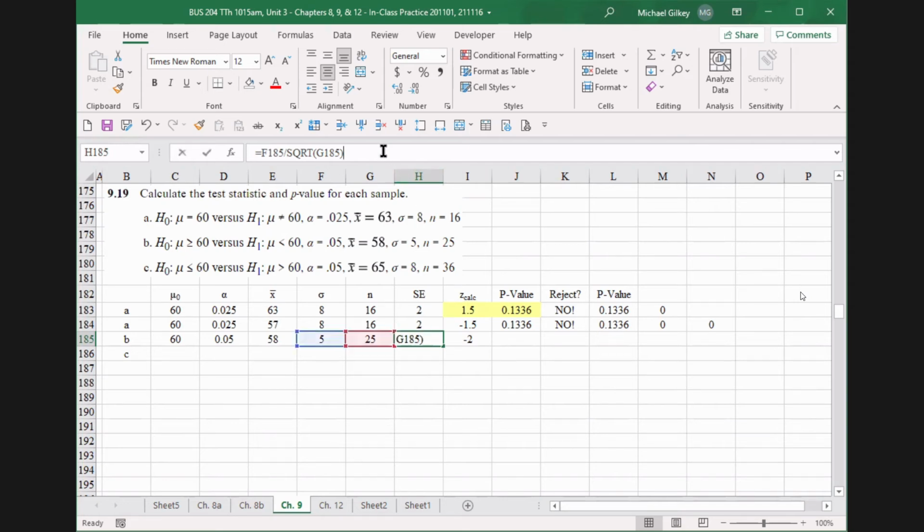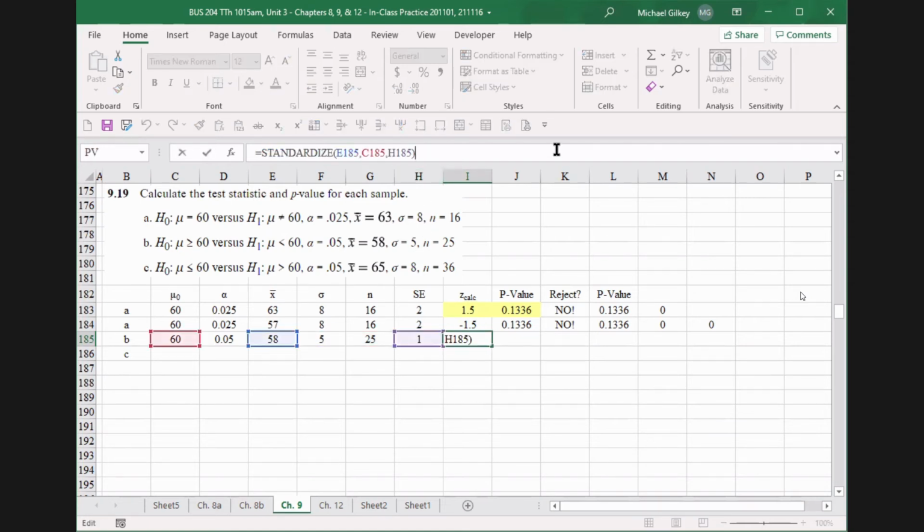Okay. So there's the calculation, right, of standard error. And there's the calculation, right, of our test statistic. But with these numbers, we could actually just do those in our head, right? Everybody okay?